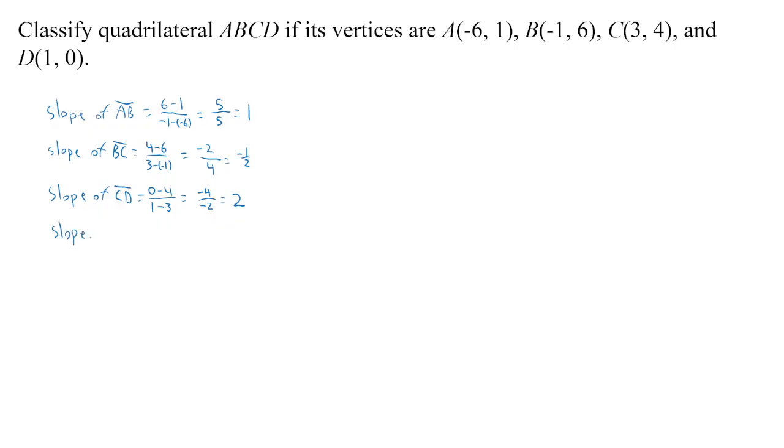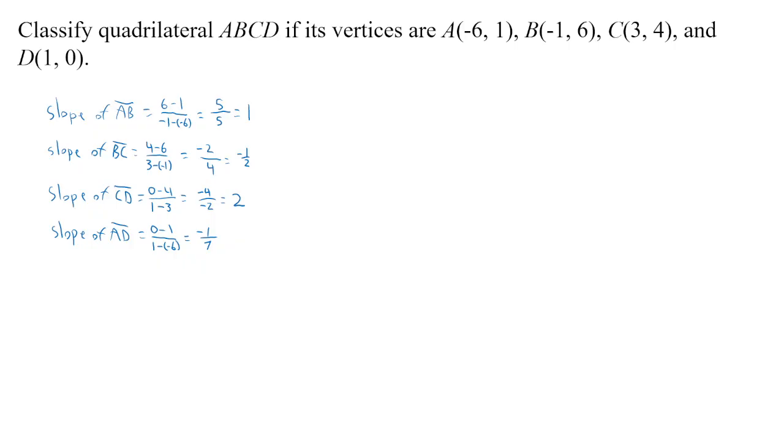And the slope of segment AD, this is 0 minus 1 over 1 minus -6. So 0 minus 1 is -1. 1 minus -6 is 7. So if we compare the slopes of AB and segment CD, they are not equal.